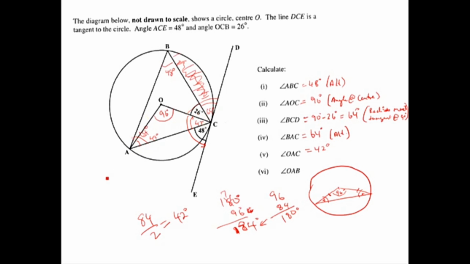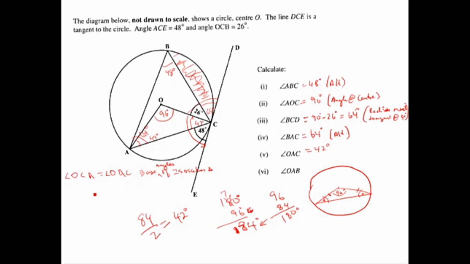So we're going to find OCA first. Angle OCA is equal to angle OAC, because these are base angles of an isosceles triangle. Right?